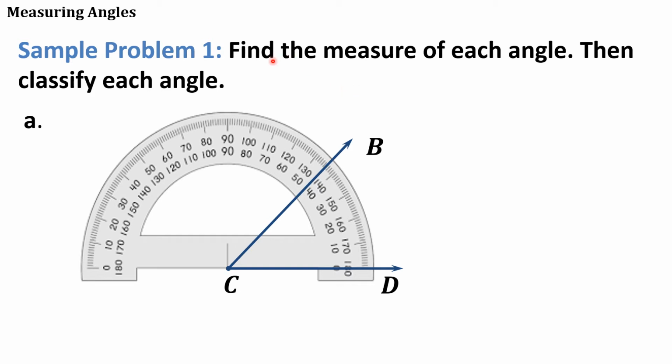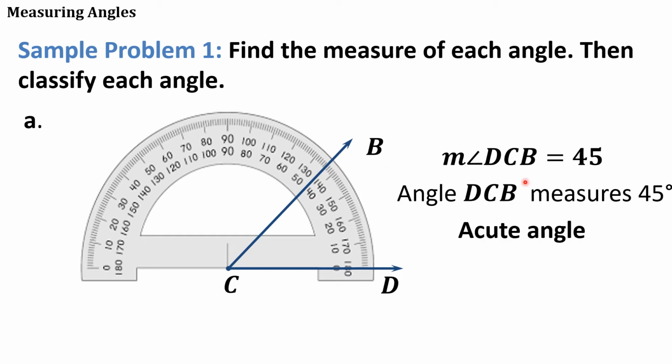Now I'm going to tell you to find the measurements of each angle, then classify that angle as acute, right, obtuse, or straight. So I just put my angle. One of them is at 0 and the other one is around 45-degree-ish. And there we go.